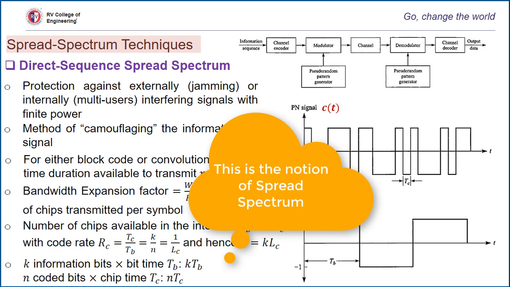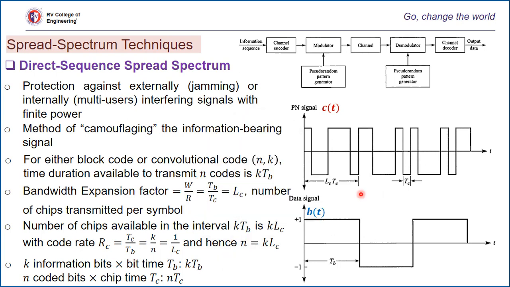One method for impressing this PN sequence on the transmitted signal is to alter directly the coded bits. Altering directly the coded bits is called direct sequence spread spectrum. The transmitted signal is altered by performing modulo addition with the PN sequence.